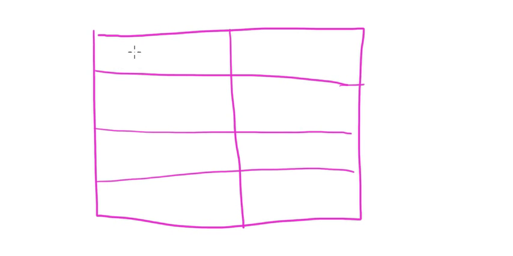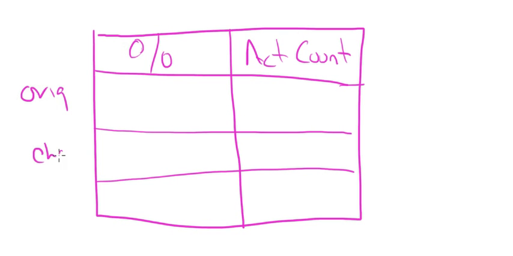We have our percent, and we have our actual count. Okay, and then we have our original, our change, and our new. Here's our original. Here's our change. And here's our new.